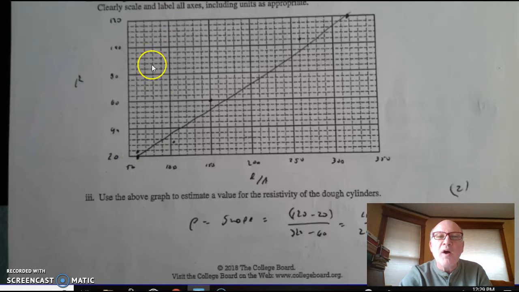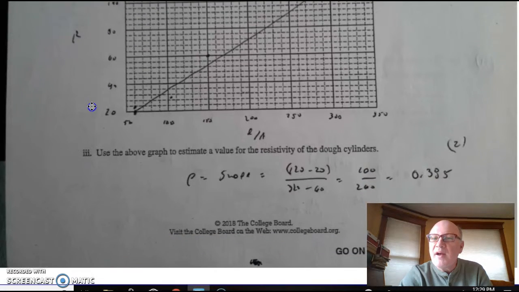So I had a difference in y of 100 and a difference in x of something like 320 minus 60, and so I had, let me just move this a little bit. I got a slope of 100 over 260, which is 0.385. If you got an answer anywhere in the neighborhood of 0.4 or thereabouts, I gave you credit for that.